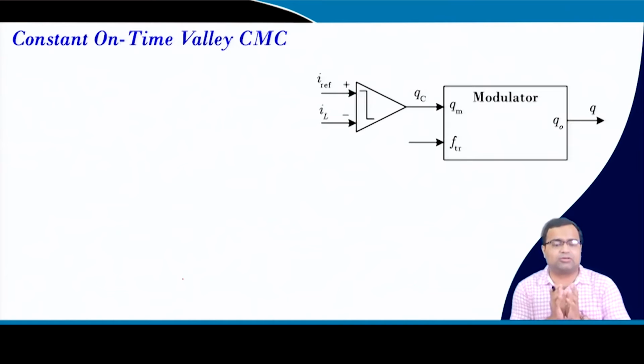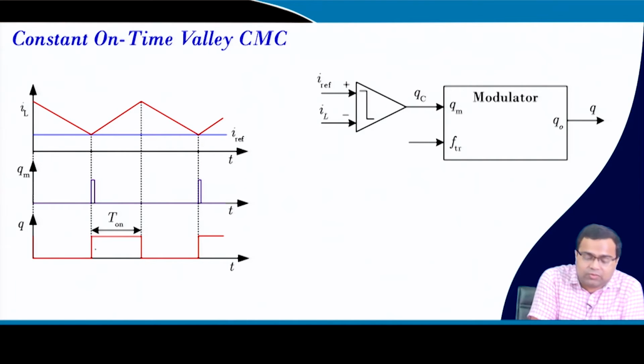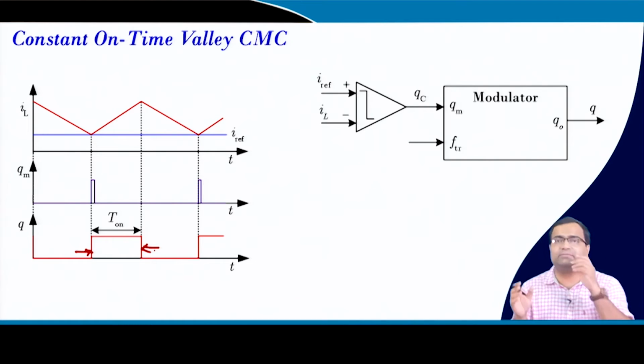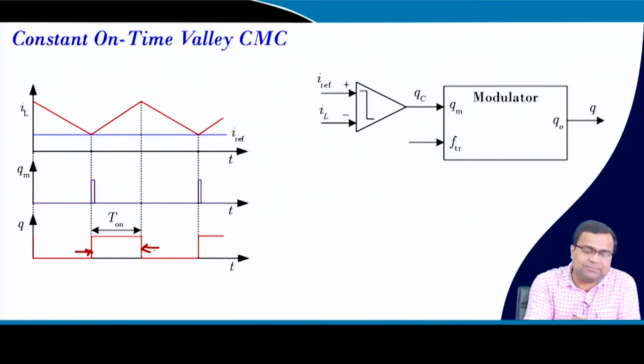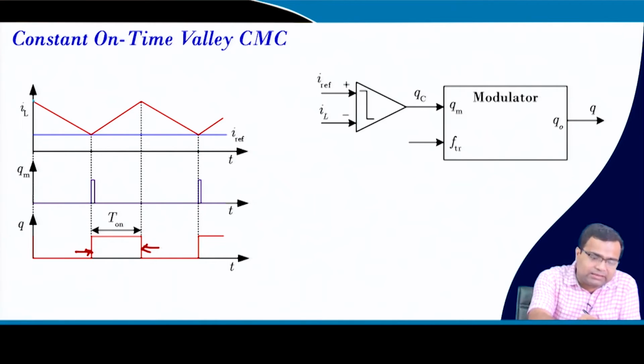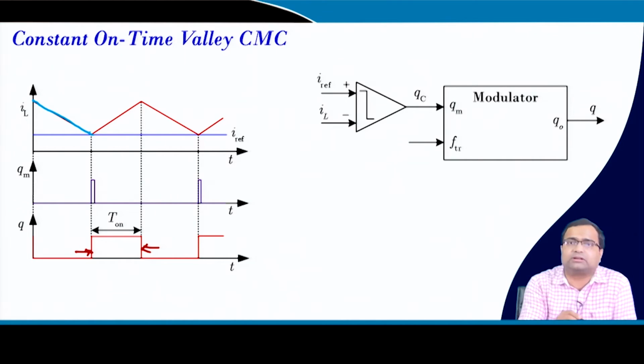Next we are talking about constant on time valley current mode control. So this is similar to our fixed frequency valley current mode control. The only difference here, we are fixing this on time rather than time period in the earlier case, okay. So on time is fixed, and here you can see initially the switch turns off and the inductor current starts falling, right, and whenever the inductor current hits the reference current, then the monoshot timer is activated.